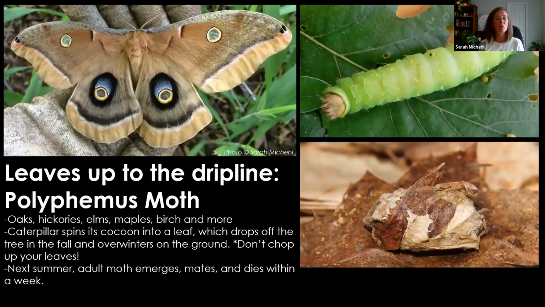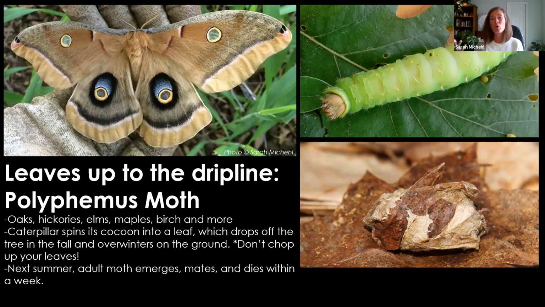So you can see how important leaves are to the ecology of these oak habitats. And here's one more example, a Polyphemus moth. You can see what its cocoon looks like down there in the lower right. It just looks like a straight up dead leaf laying on the ground.